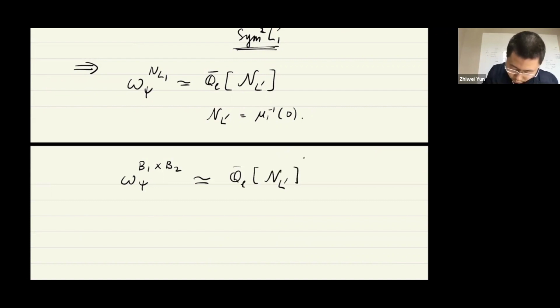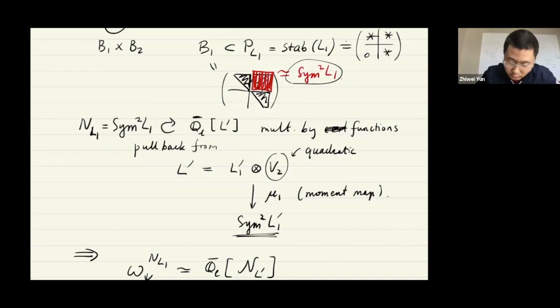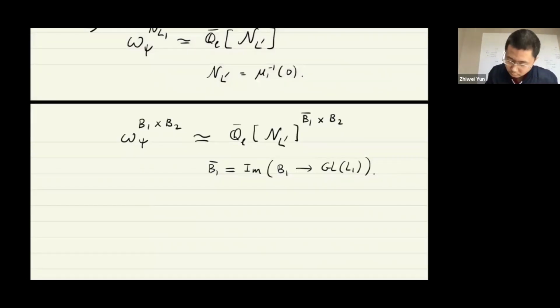invariant under B1 bar times B2. So here B1 bar is the image of B1 in its Levi quotient. So this triangle is B1 bar. That acts on L1, hence on L prime. And the whole B2 acts on L prime as well.